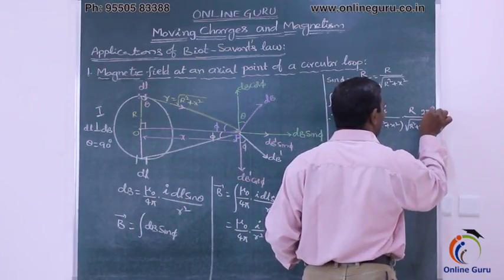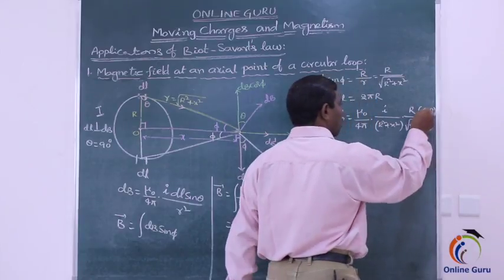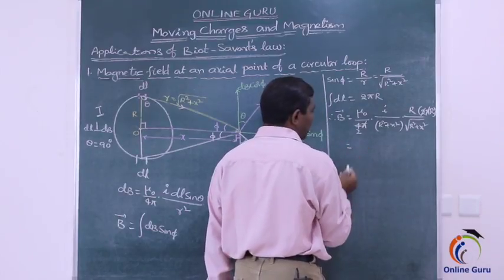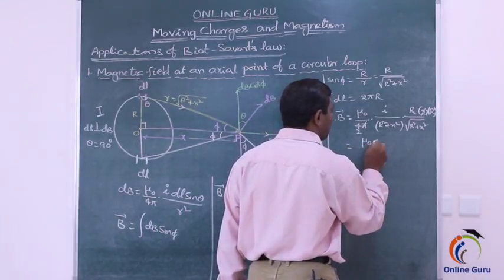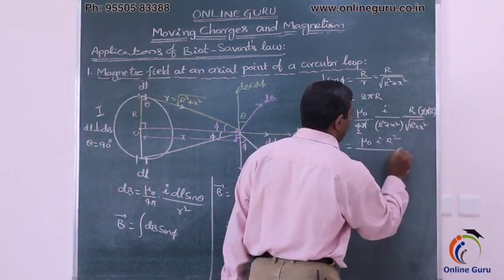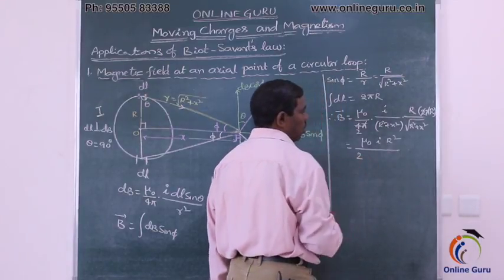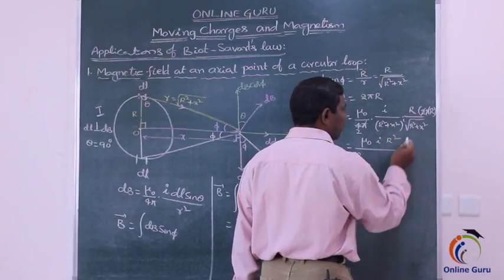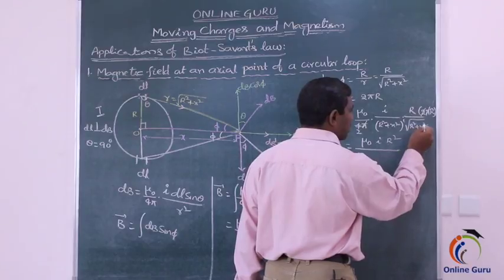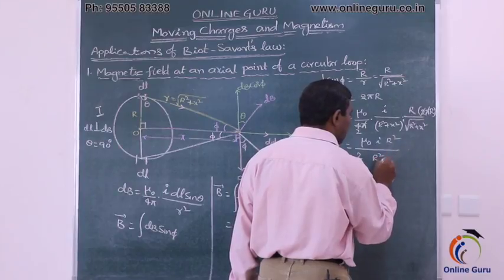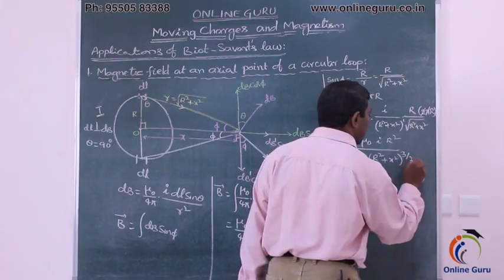Integral dl is 2 pi capital R. The 2 ones are 2 twos and pi get cancelled. That is equal to mu naught I R into R square divided by 2 into R square plus x square whole to the power of 1, and this root can be written as R square plus x square whole to the power of 1 by 2. Then take the LCM, we get R square plus x square whole to the power of 3 by 2.